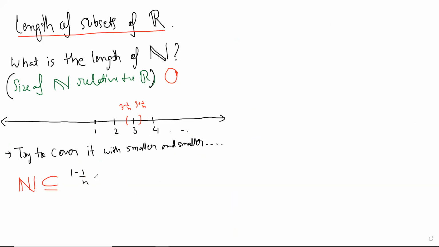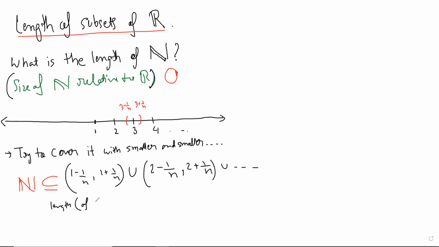Because if you take this, meanwhile you can think if you're comfortable with this, but I'm just writing. The length of the above is equal to 2 by n plus 2 by n plus 2 by n, right? And this is not going to 0. It's actually infinite for any n.